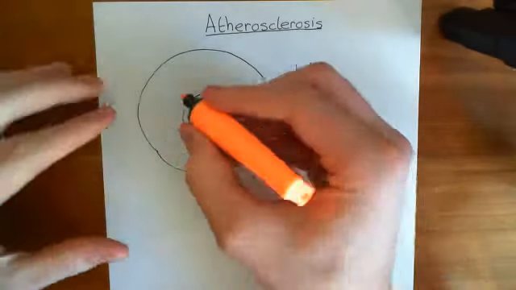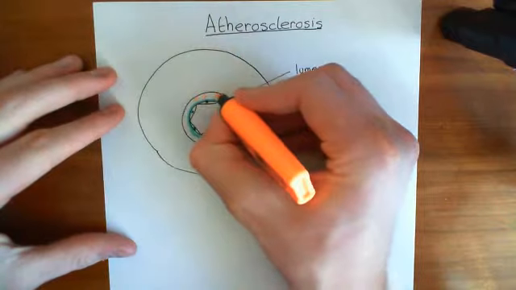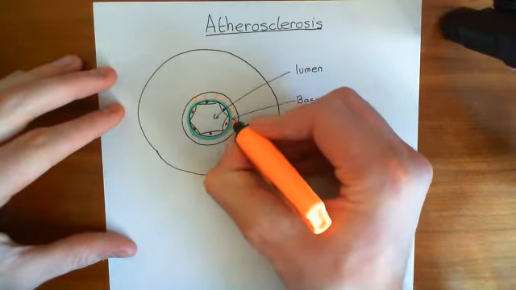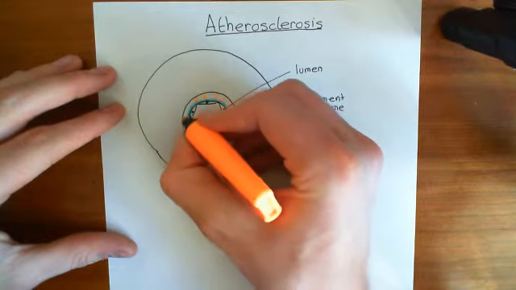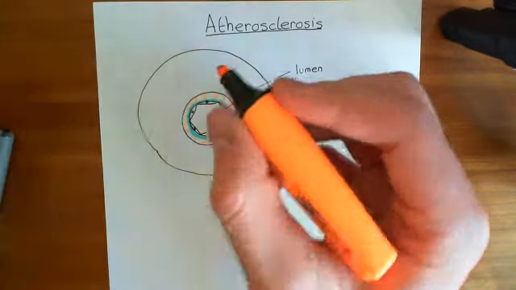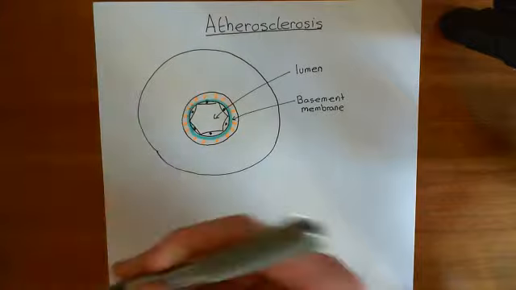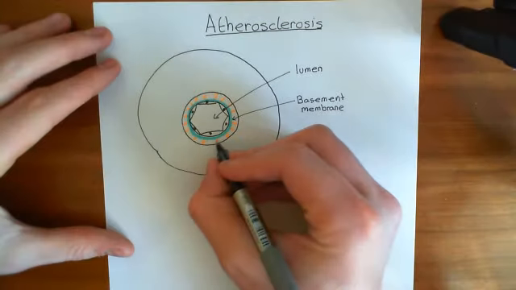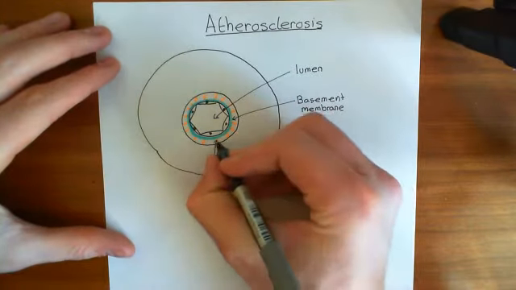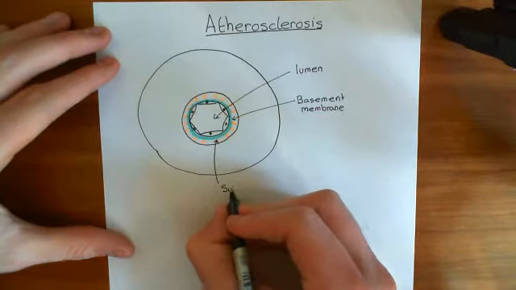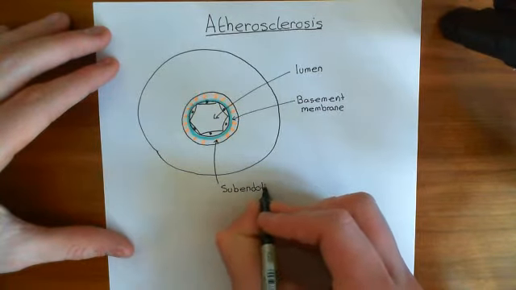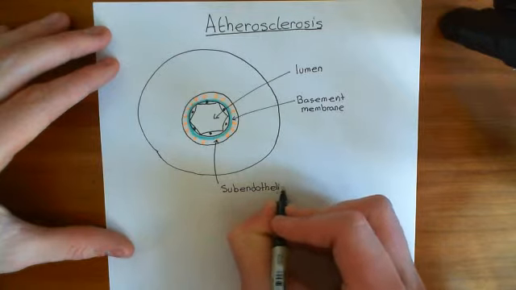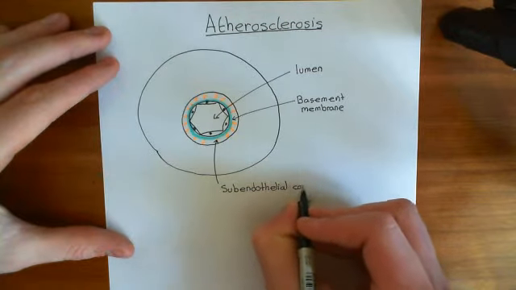This orange layer is more connective tissue, generally collagen again, which makes up the layer between the endothelial cells and the next layer around the blood vessel. This layer is known as the subendothelial connective tissue, or just the subendothelium, as you will occasionally hear people call it.